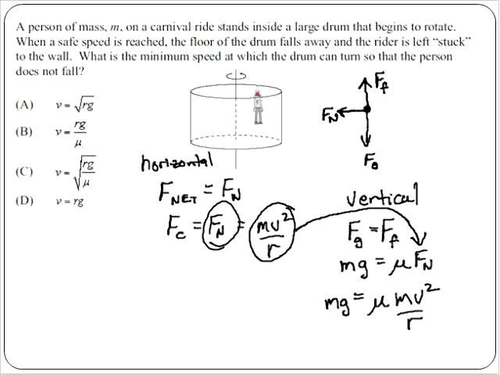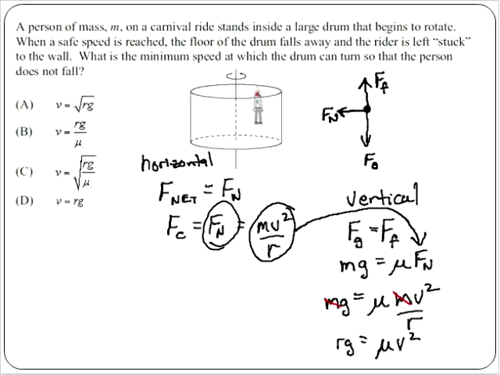And now I can get an expression for the speed. The best thing to do first is cross out my masses, because I've got a mass on each side. Then I'm going to cross multiply, so I get r times g equals mu times v squared.